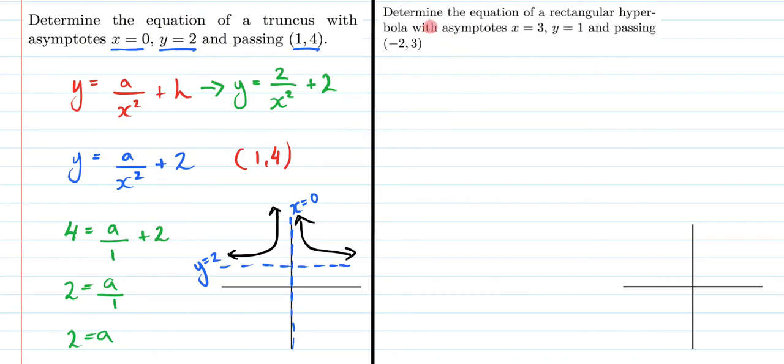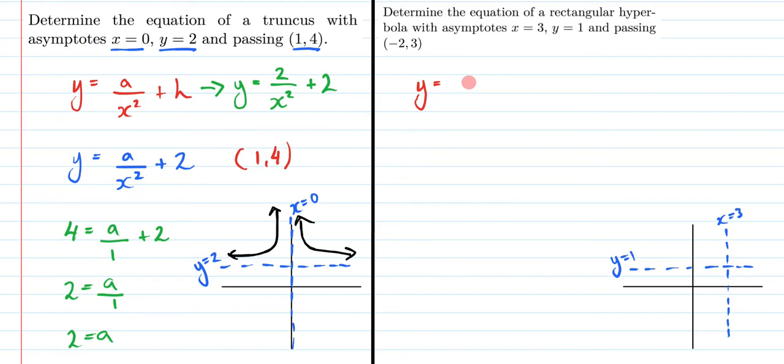Now we come to this question, determine the equation of a rectangular hyperbola with the asymptotes this and this. Again, I could give this a quick sketch. X is going to equal 3, so that's that asymptote. And y is going to equal 1, so this asymptote. I could then write out the general rule for this.